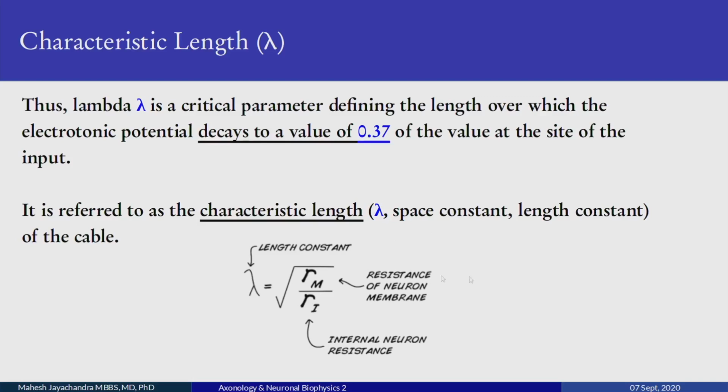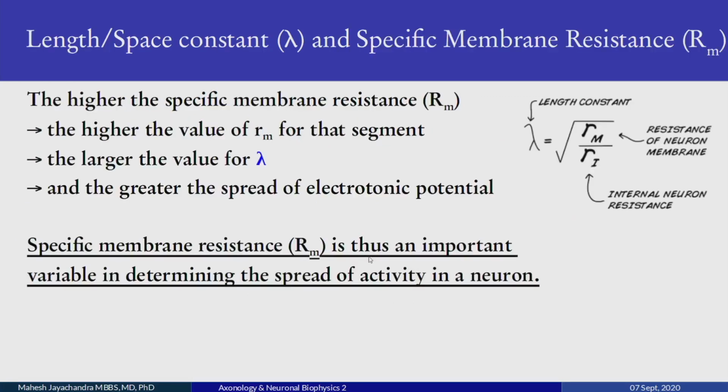So a higher specific membrane resistance, capital Rm, leads to a higher value of Rm for the segment, that is, the resistance of a patch of membrane. Therefore the value of lambda is bigger, and so the electrotonic potential spreads more. So the specific membrane resistance, capital Rm, is an important variable in determining the spread of passive electrical activity in a neuron.